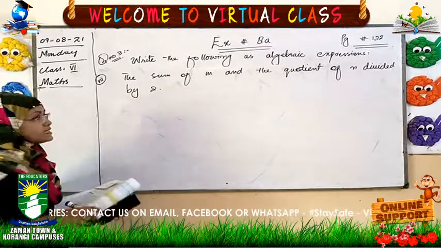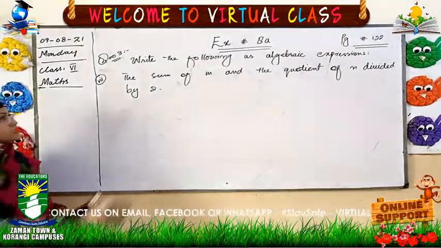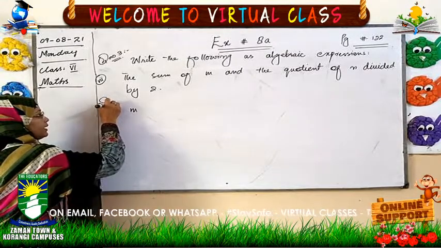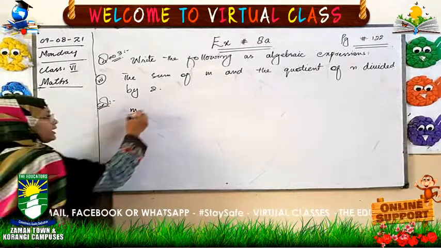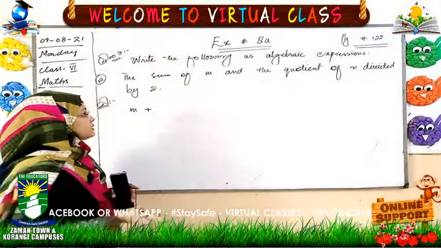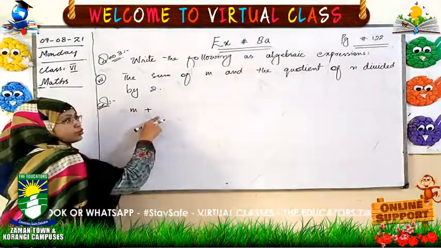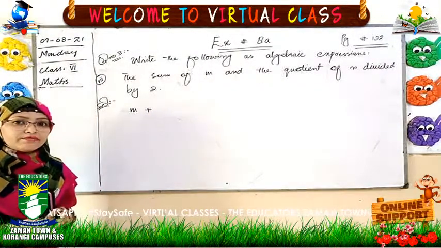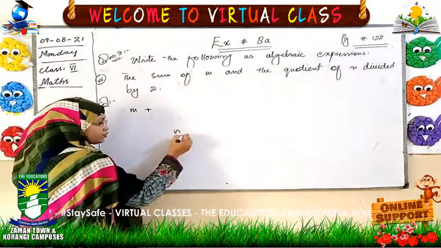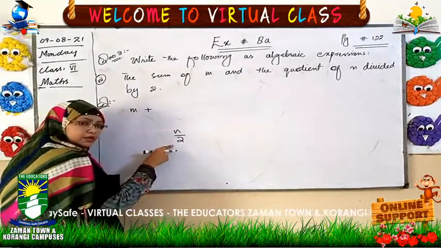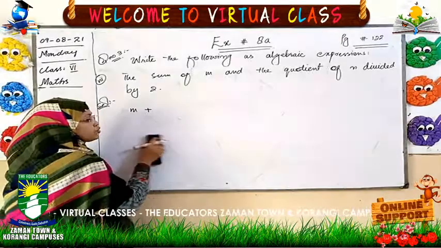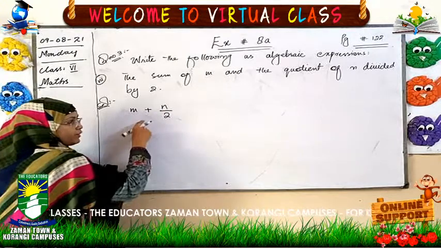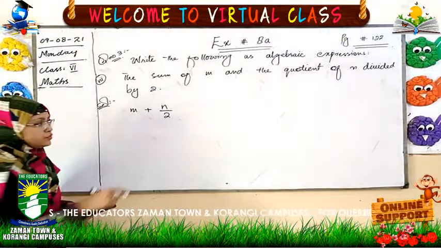Okay, the sum of m and the quotient of, which quotient do we have? n divided by 2. What answer do we get after dividing n by 2? We will get n upon 2. The quotient of n divided by 2 will be equal to n upon 2, and we have to write down their sum. So it is m plus n upon 2.